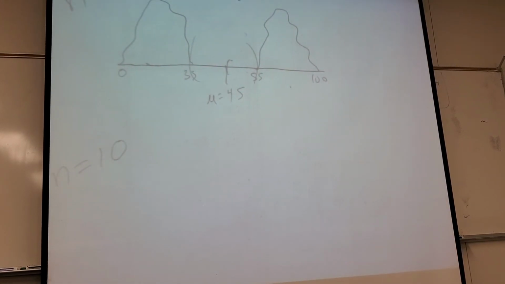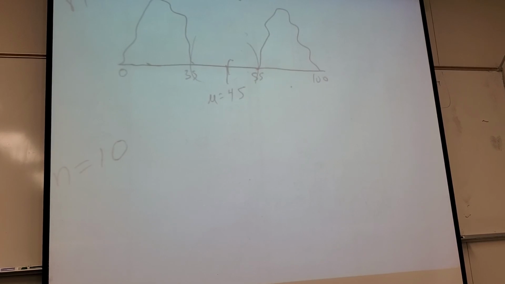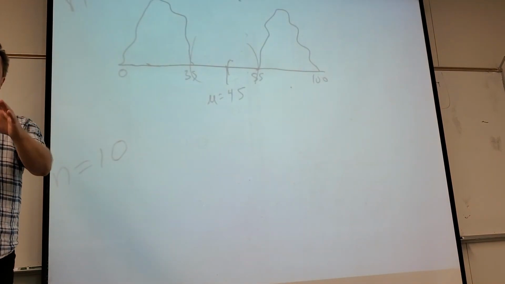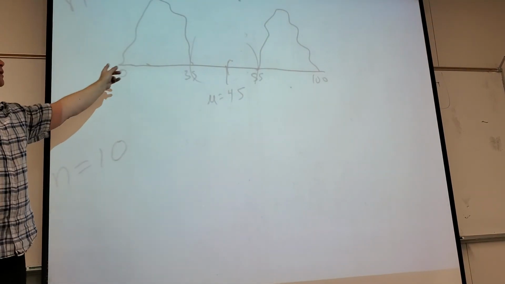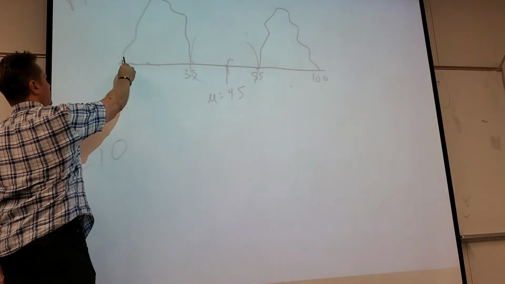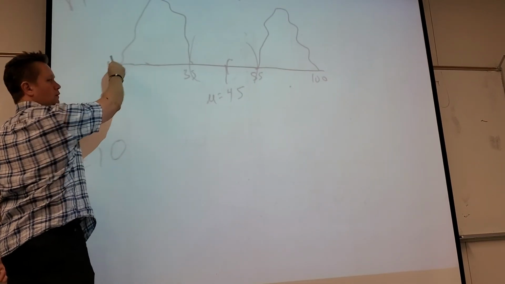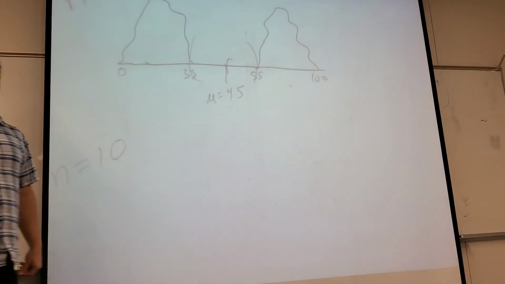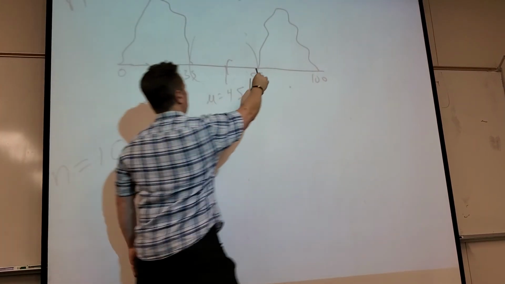And then I didn't put a dot until I figured out the average of that group. So what is the most likely thing to happen if I took a group of 10 people from this island? Is it very likely that I get 10 people right here? Think about it. Is that really likely that I get 10 people right there? No. Is it really likely I get 10 people right here?